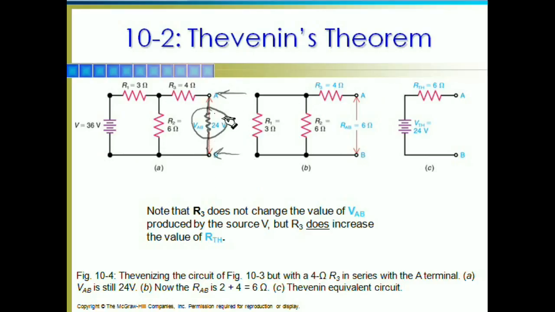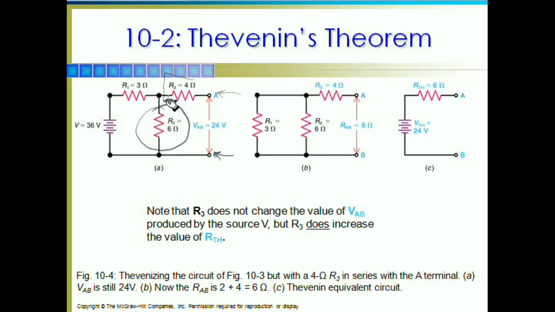So if I'm looking at the voltage without this in there, as a matter of fact, let me erase that. Okay, looking back at the voltage from points A and B, I'm still measuring effectively across R2.